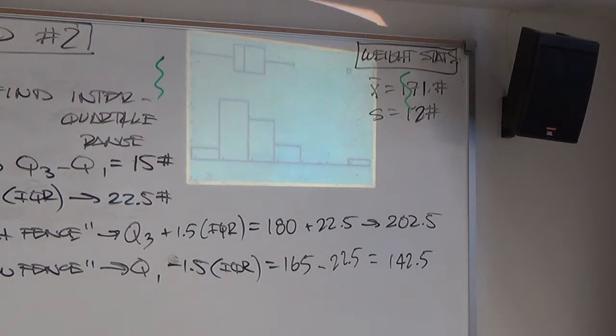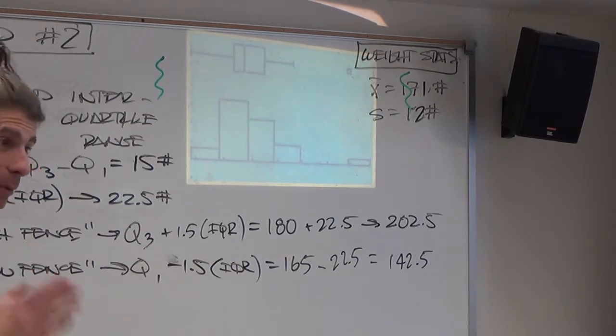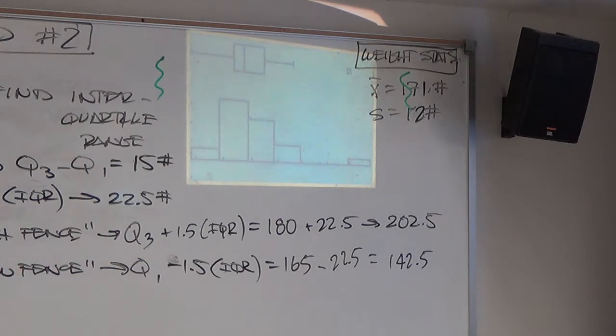Where did you get it? Somebody decided that that's the number of IQRs we're going to start multiplying. Basically it's plucked out of the journals. I have no good answer for you other than that. And I can't even tell you that that's going to make sure you capture a certain percentage of data. Because the IQR captures the middle 50.